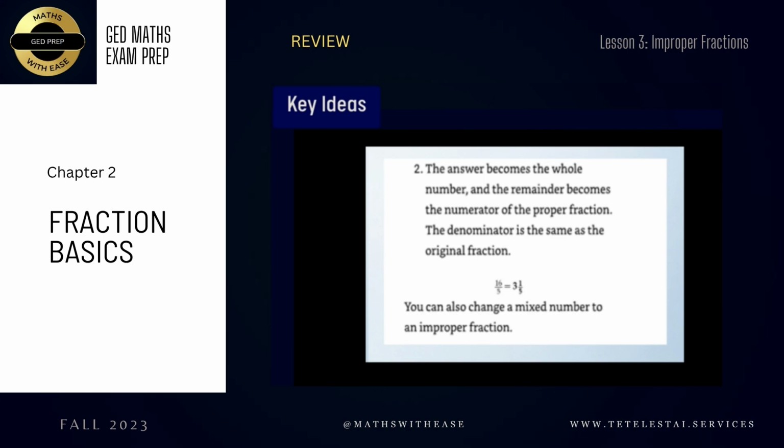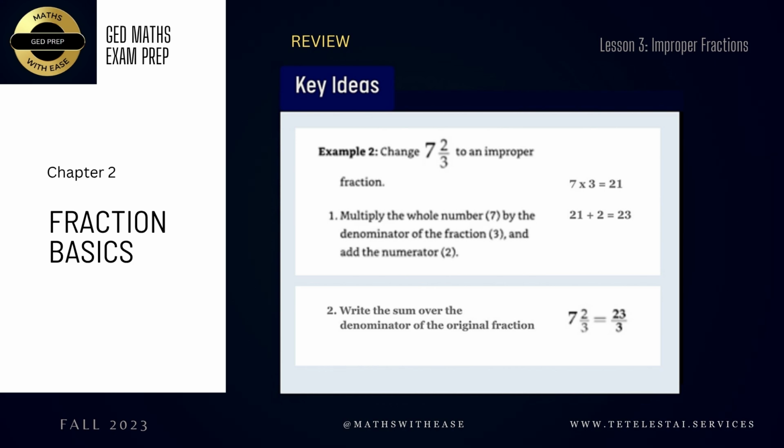And this is essentially what we just discussed, that we divided 5 into 16. Our answer was 3. We had found that we had 1 left over of our whole with 5 parts in it. Okay, 3 and 1/5.